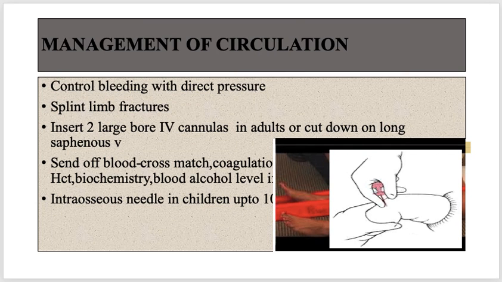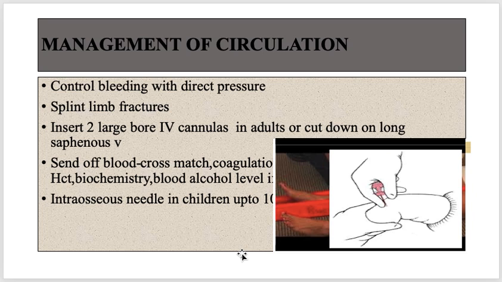So simply, guys, in circulation, the important things to remember are to control the bleeding with direct pressure. If you find any limb which is fractured, you can splint it right away. Insert 2 large bore cannulas and send off blood for cross matching. Call the blood bank.